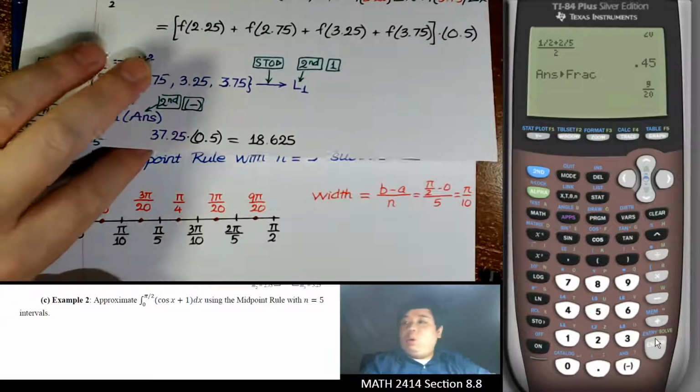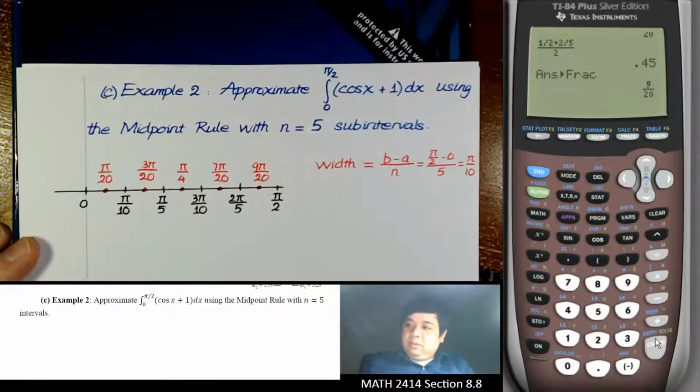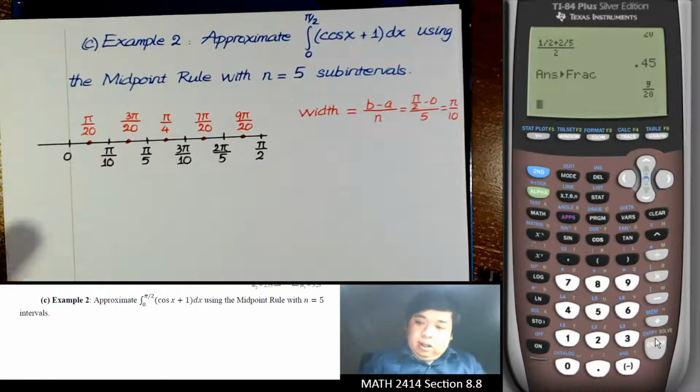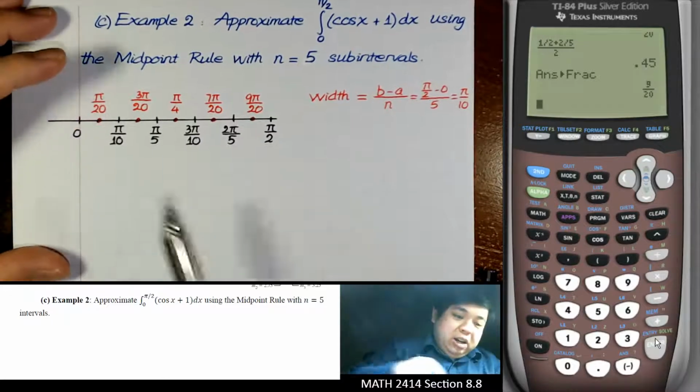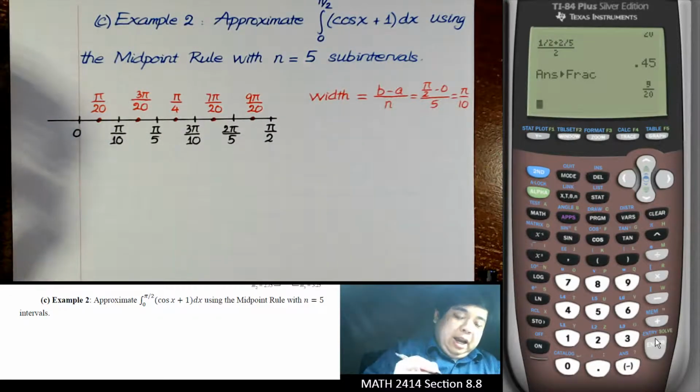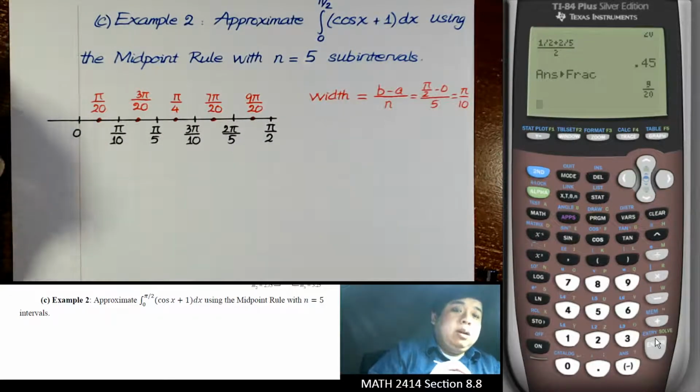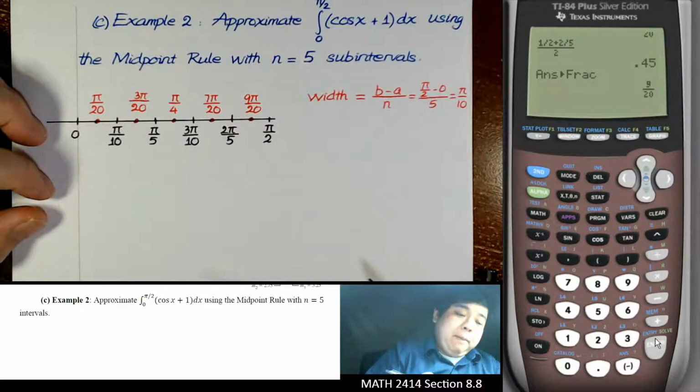So those are the midpoints, right? So we just take the values of the midpoints, add all of them up, multiply by the width, right?